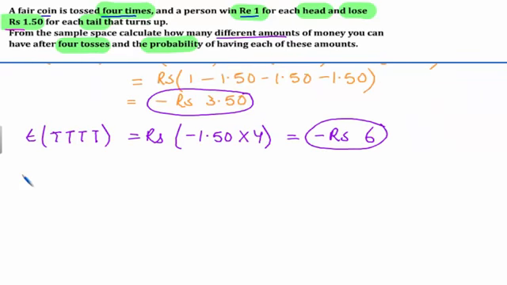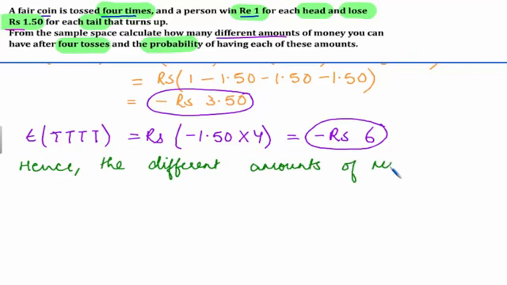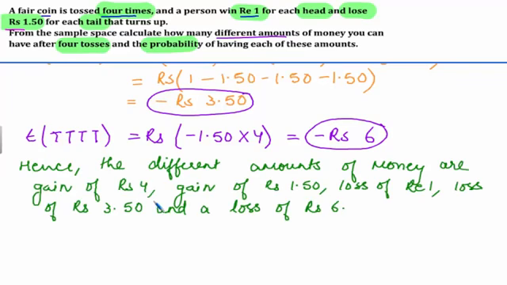So our answer is, hence, the different amounts of money are gain of rupees 4, gain of rupees 1.50, loss of rupee 1, loss of rupees 3.50, and a loss of rupees 6.